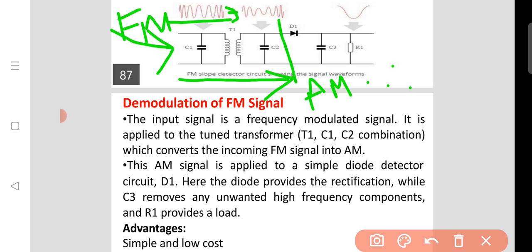Okay, just observe these two waves. Here the amplitude is constant but the frequency changes, but here the amplitude also changes, because the change in amplitudes is produced by the change in deviation on the input side.